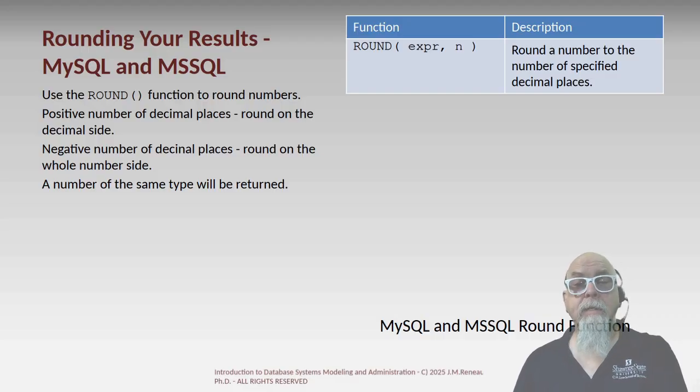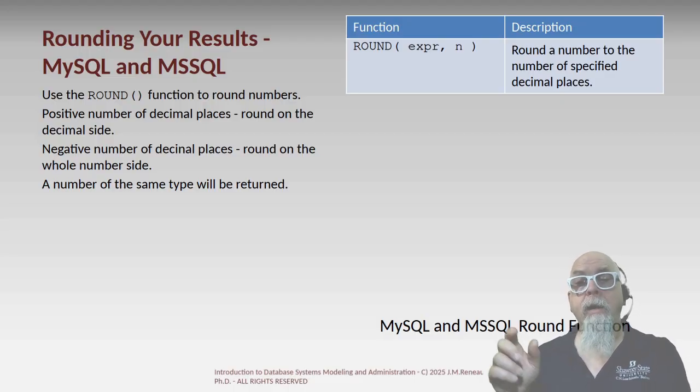The first database I want to talk about is how it's done in MySQL and Microsoft SQL Server. In those two databases, there's a special function called round. You give it the mathematical expression, comma, and then n would be the number of decimal places you want rounded to.